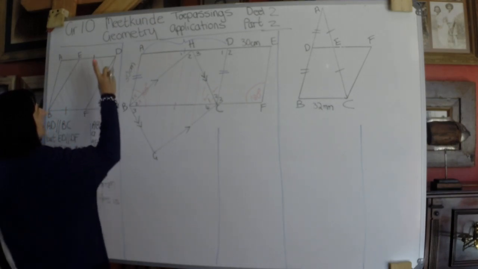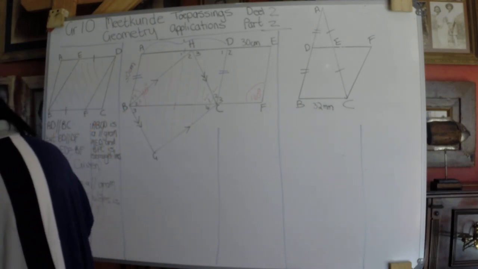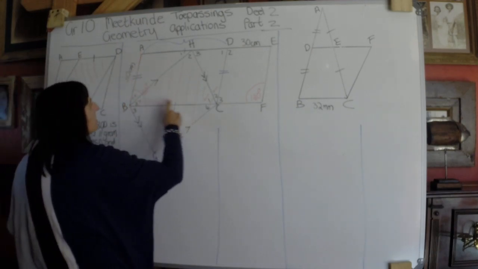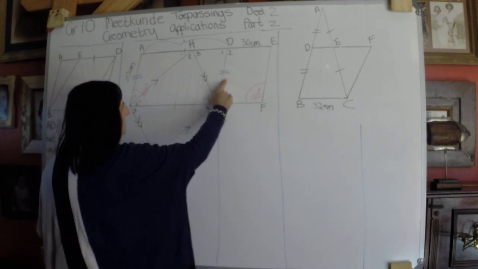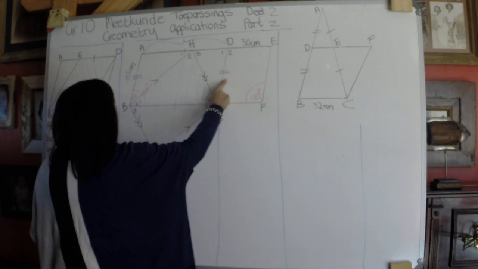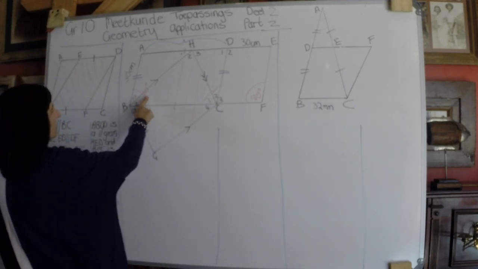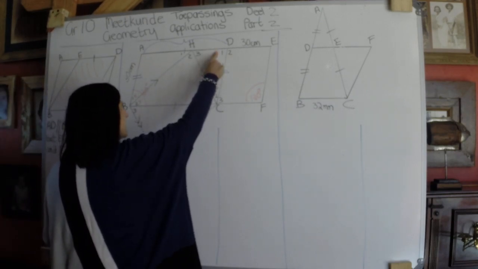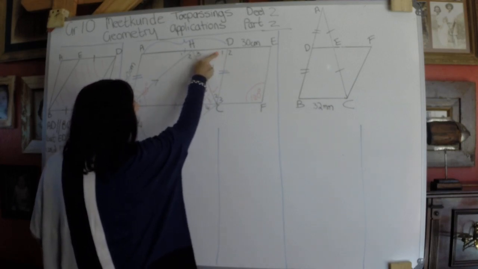We know that ABCD is a parallelogram, so this guy will also be 30 centimeters. Then we know, because that's true, that guy will also be 60 degrees.